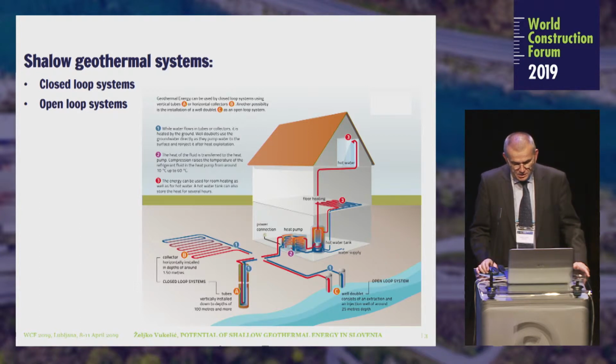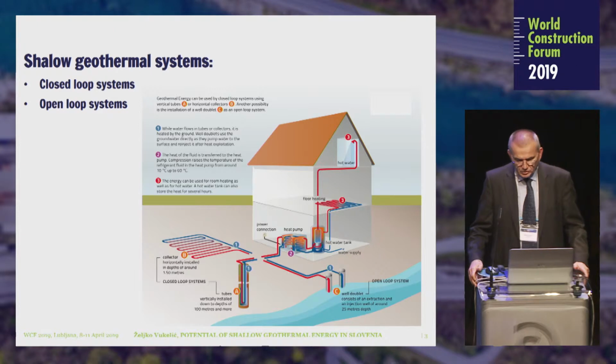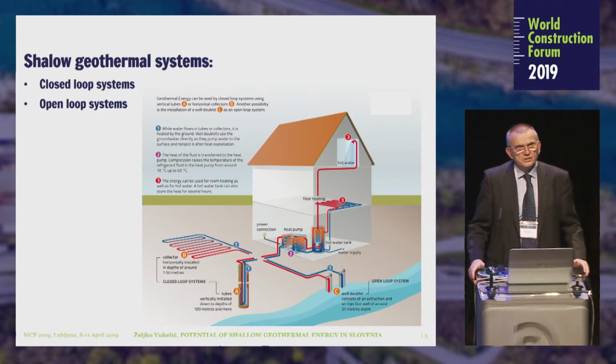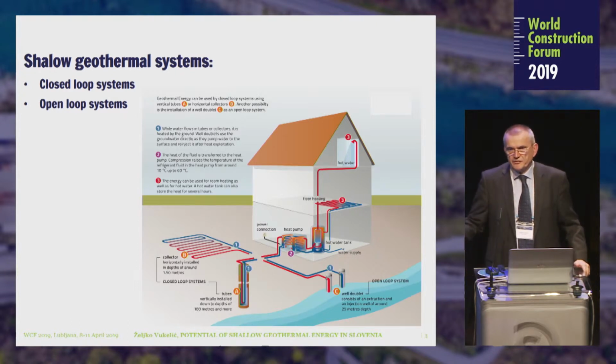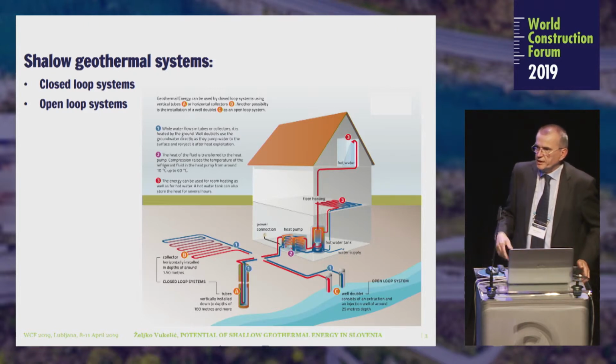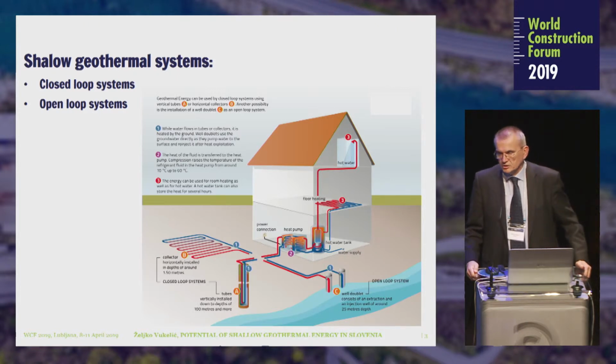The open loop system means that we are using the groundwater. But when using groundwater we have to be very careful, because the economy of using this is good to about 25 meters depth. If the water table is deeper, the economy is not very good, and you use too much energy for pumping.